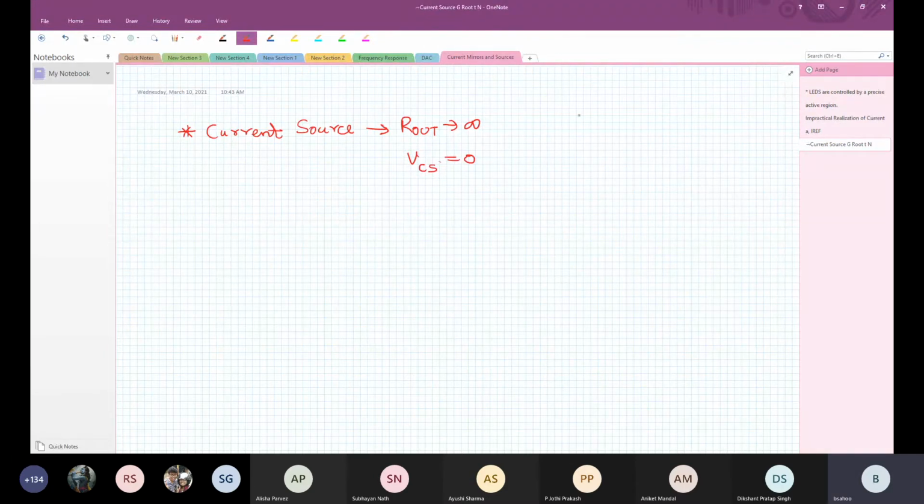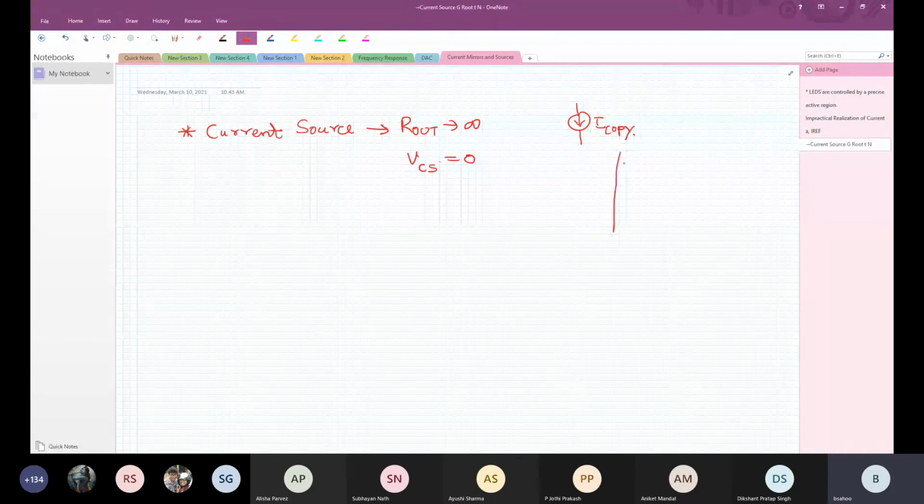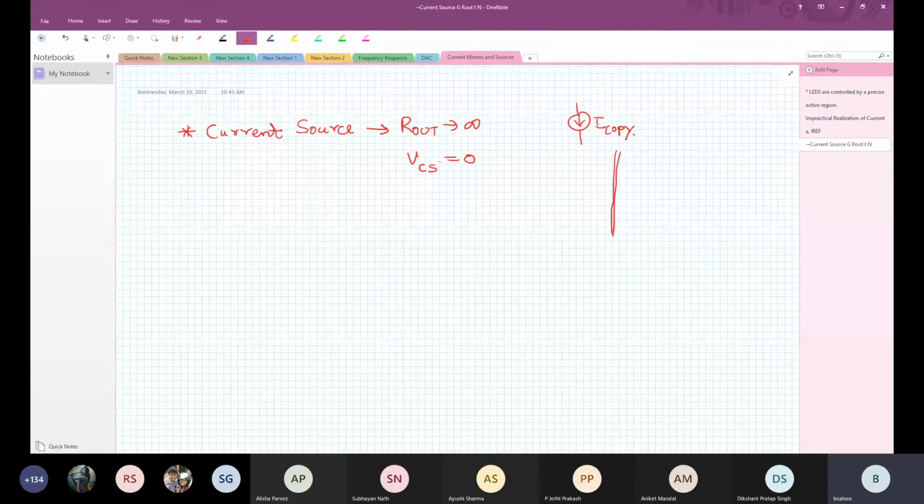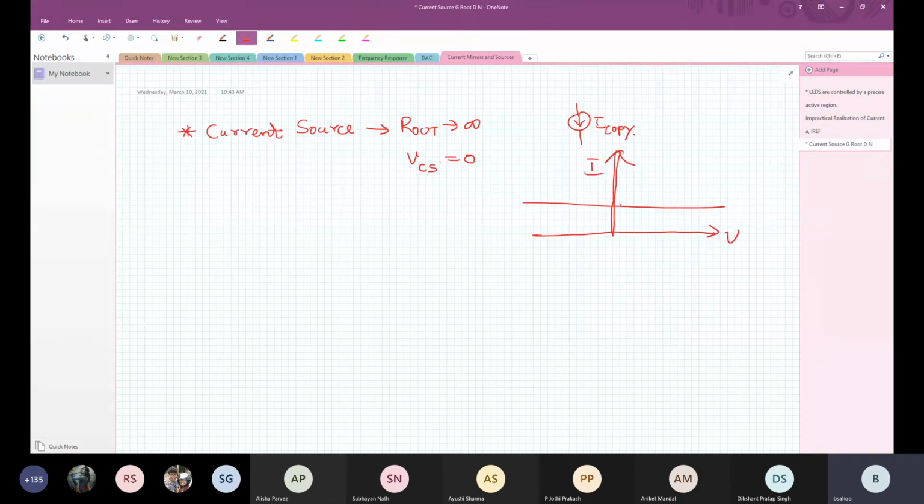That means if I copy is behaving like a current source, what does the VI characteristic look like? No matter what voltage you apply, it should stay constant. That means R out is infinity. With 0 voltage also it gives you this current.